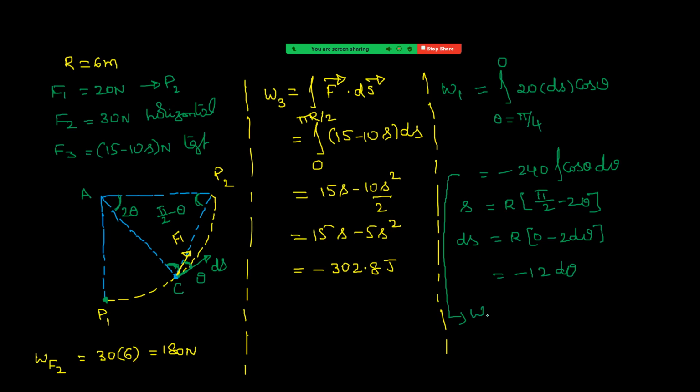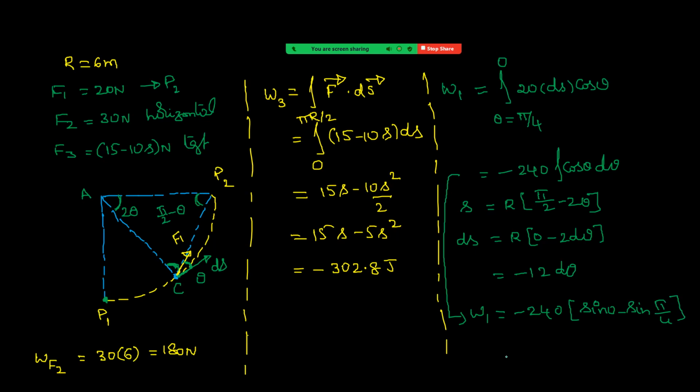So W1 is equal to minus 240 times the integral of cos theta d theta, which is sine theta. Now take limits: sine 0 minus sine 45.